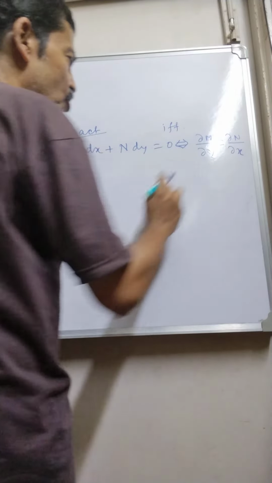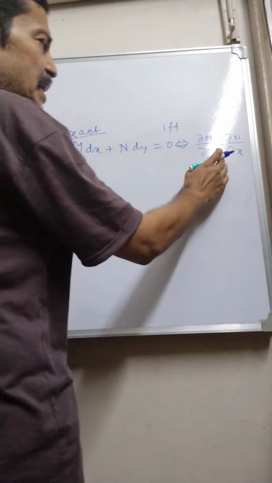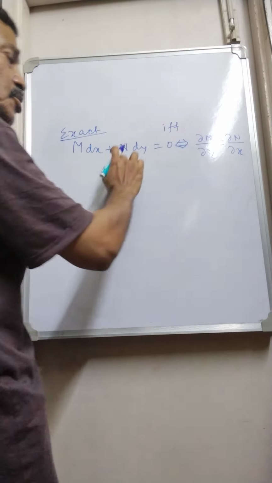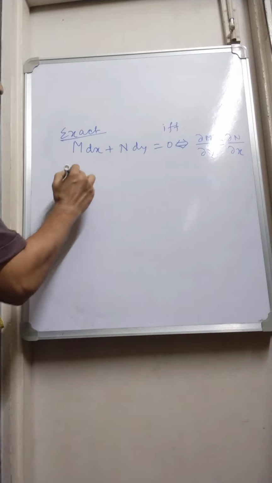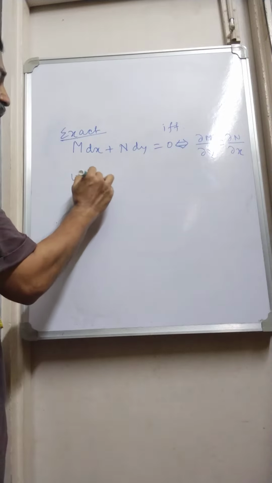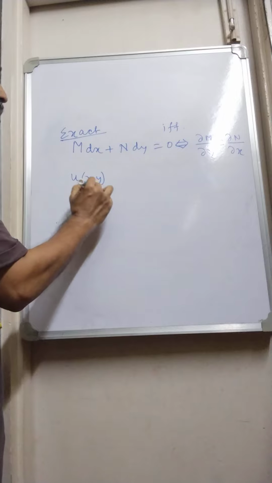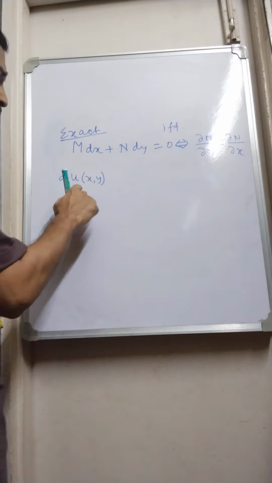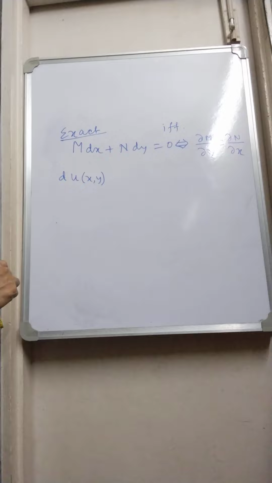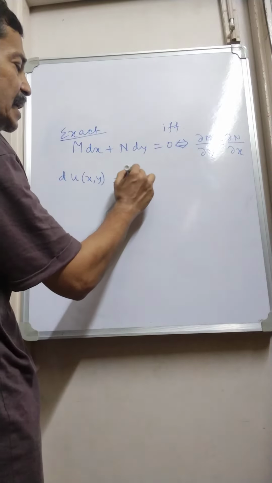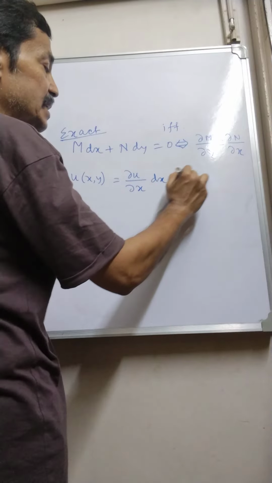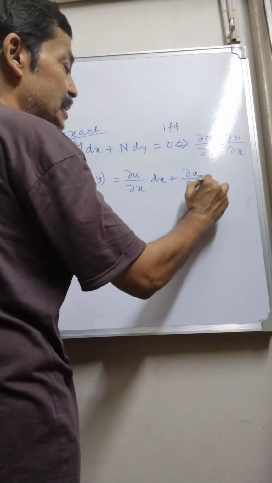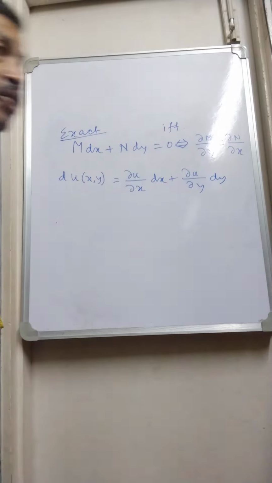That means whenever this is exact, we have this, and whenever we have this, it will be exact. So this is very easy if you consider that any function u(x, y), its total derivative, where x and y are both treated as independent variables, may be written as ∂u/∂x into dx plus ∂u/∂y into dy, simply because of the linearity condition.